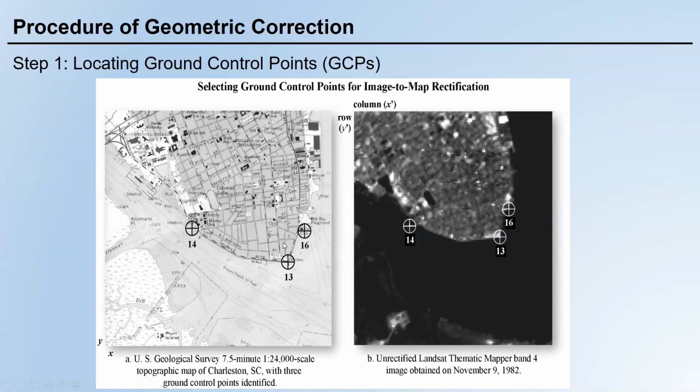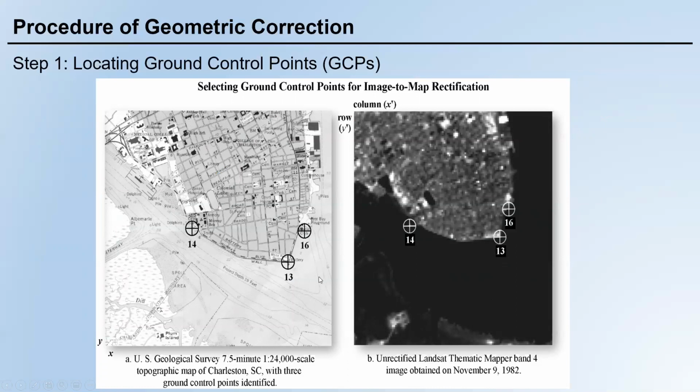So these 3 GCPs, they are good examples. Why? Because they are all on the boundary between this island and the water body. So this boundary is relatively easy to recognize, to identify, right? Especially in remote sensing image, because water is usually in dark color in remote sensing image, so this boundary can be easily identified.